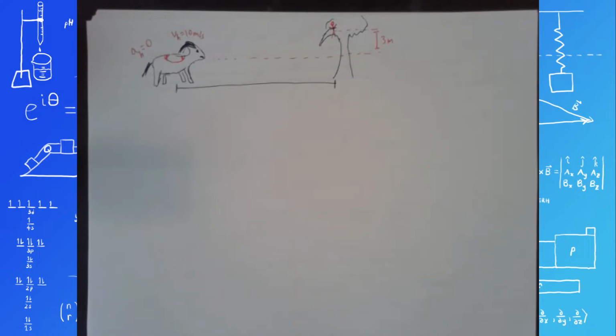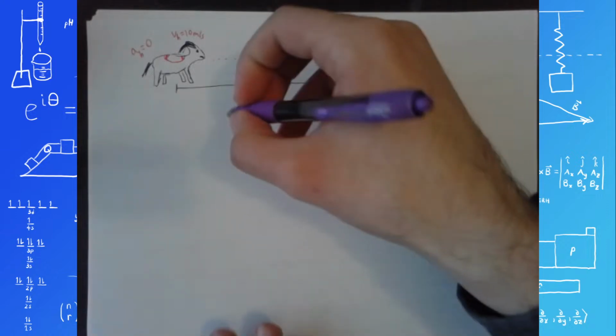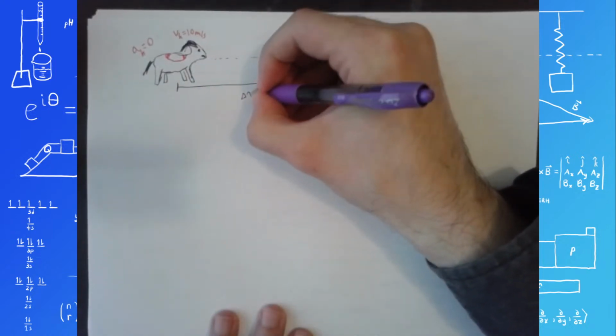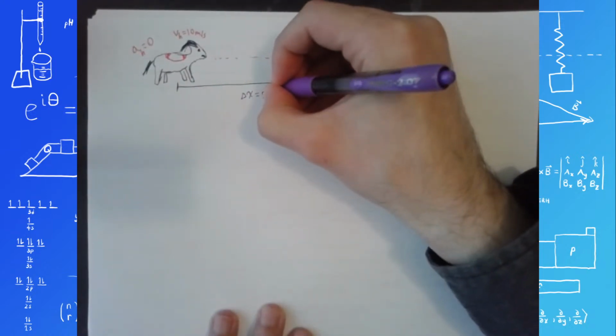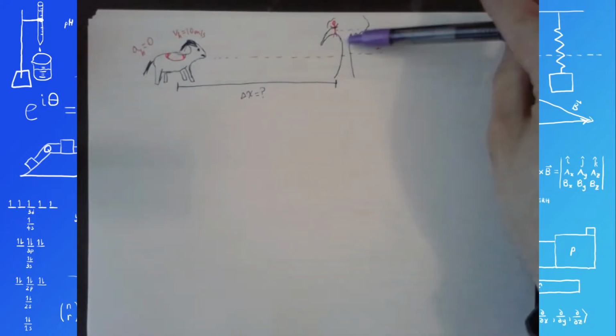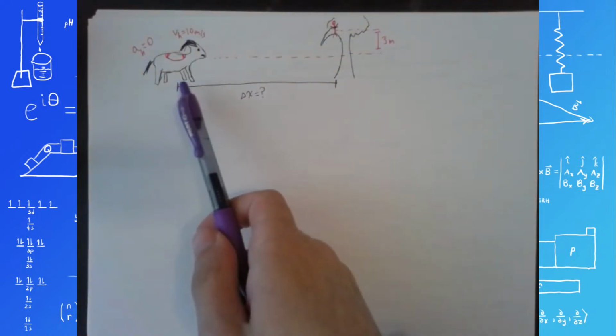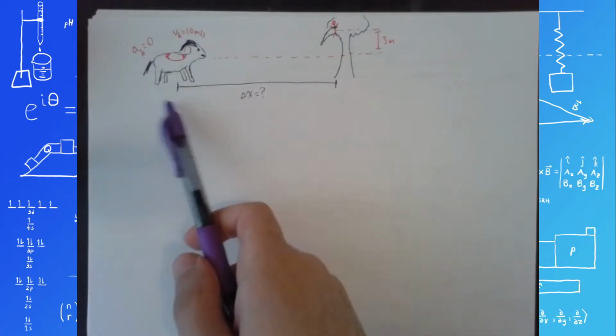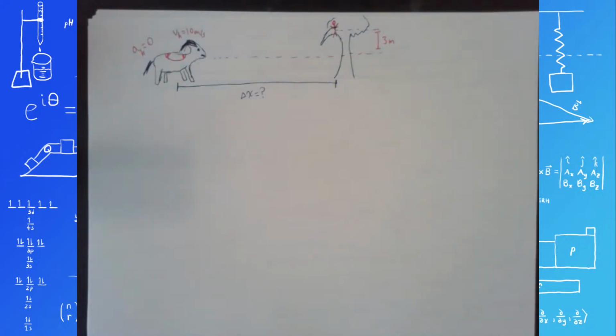What must be the horizontal distance between the saddle and the limb when the man makes his move? That's their first question. What is this delta x? Once this guy sees the horse pass this mark, how far away is this mark from the tree in order to nail the perfect landing?